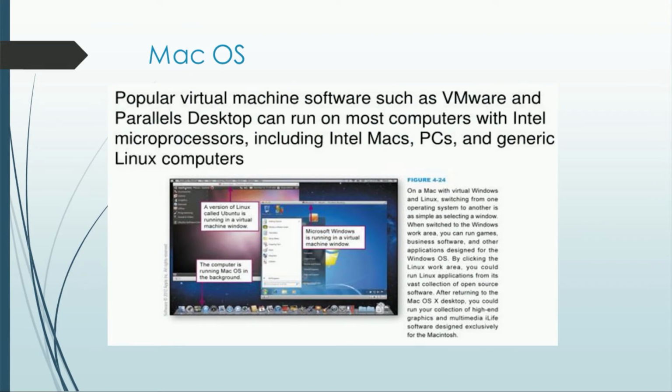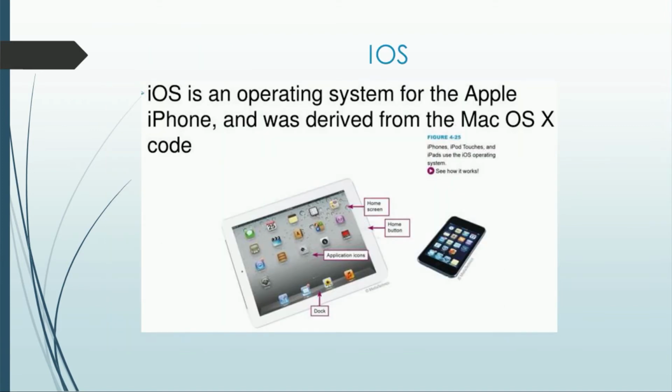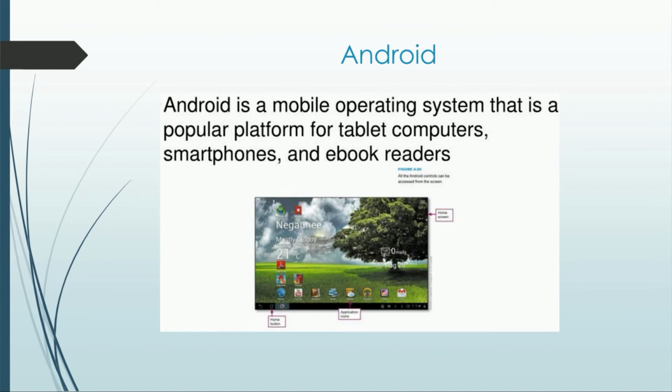Popular virtual machine software can run on Mac computers with Intel microprocessors, including Intel Macs and generic Linux computers. iOS is an operation system for the Apple iPhone and was derived from the Mac operation system, Xcode.